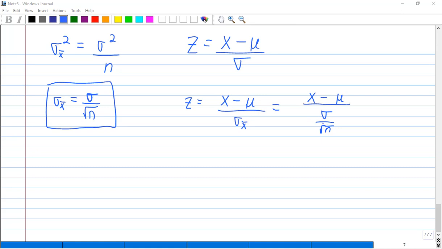Instead of just talking about one person or one baby or one whatever, we can figure out probabilities of groups of people. All right. So let's see if I can find you a problem. This one doesn't have a lot of meaning.